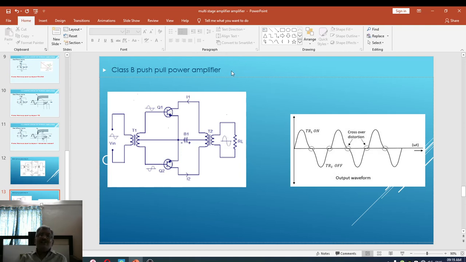We studied it in the classification of power amplifiers. Class B power amplifier, by definition, is an amplifier in which the output current flows only in the half of the AC input cycle, whereas the remaining half of the input cycle doesn't allow current to pass through the output.